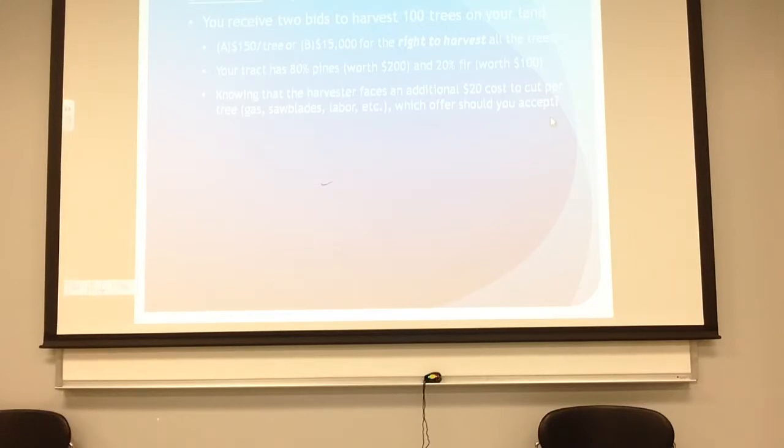Okay, so what's the lesson of all this business here? What are some takeaways from this example? We already talked about incentives, and it's incentives at the margin that were kind of important.